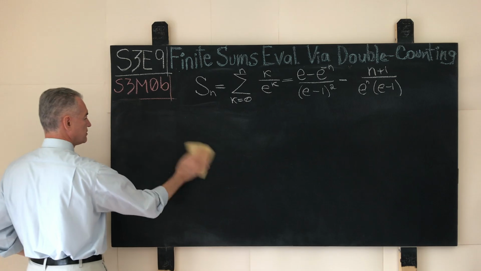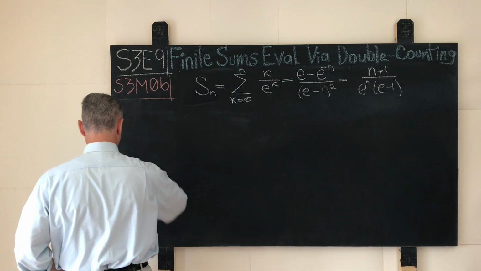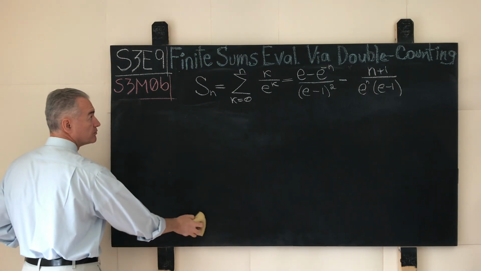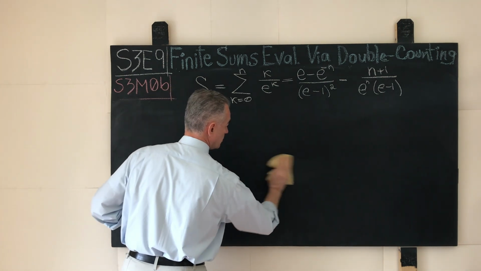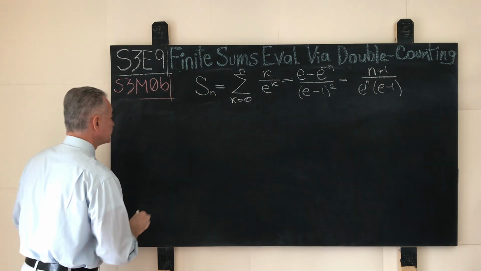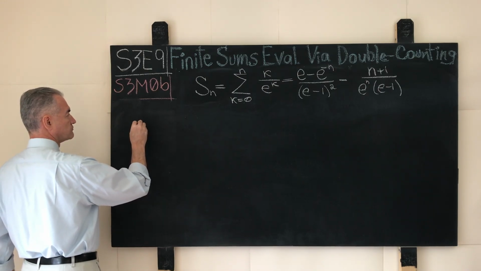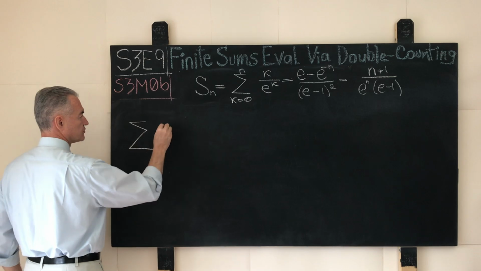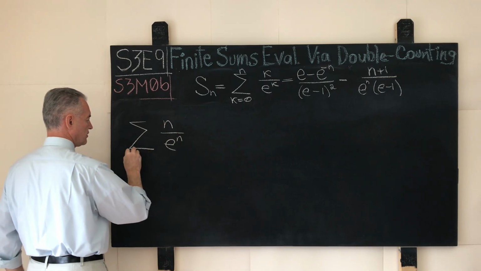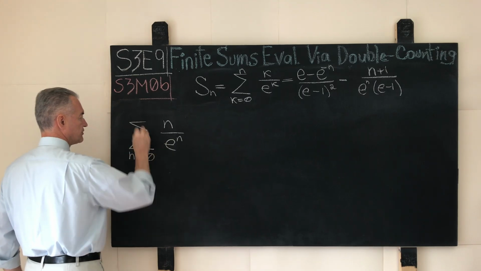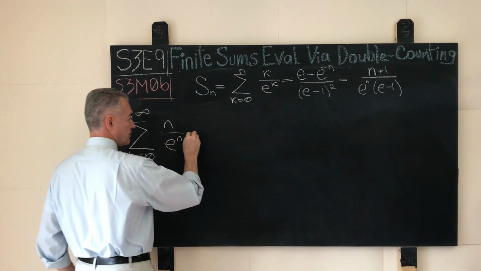And why is that? Well, now that we have an expression for our finite sum on the books, all we have to do to solve the given problem is write down the following. Our infinite sum, which was n over e to the power of n, where n varied between 0 and positive infinity, is represented which way?